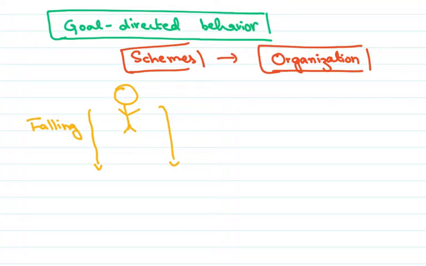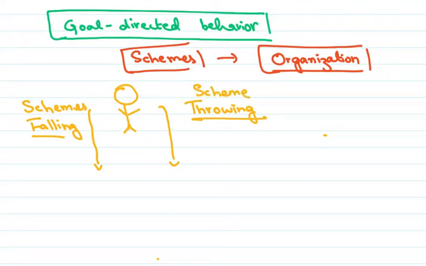These two schemes are interrelated in some way, in that the scheme of throwing results in the action of falling. So here is one scheme, and here is another scheme.